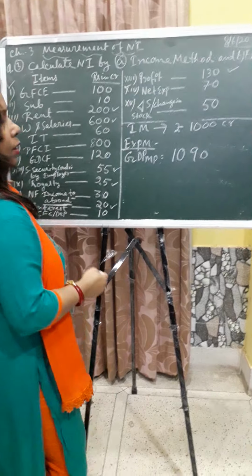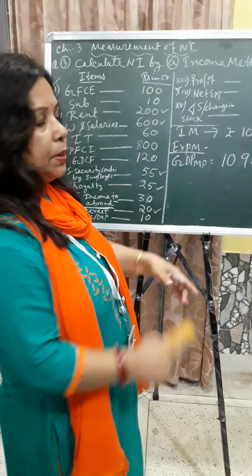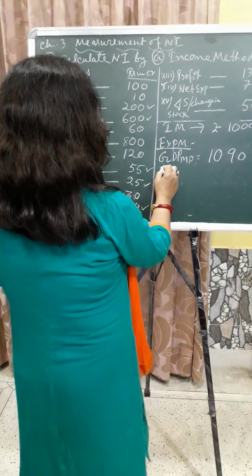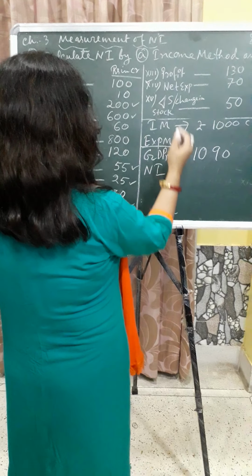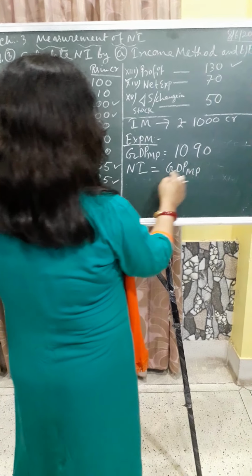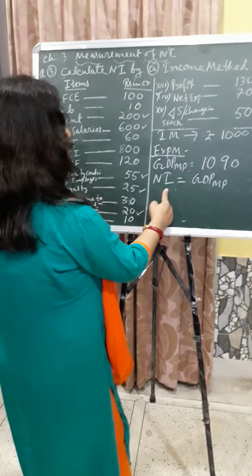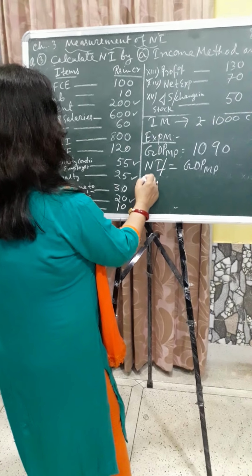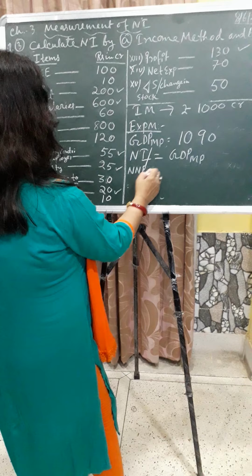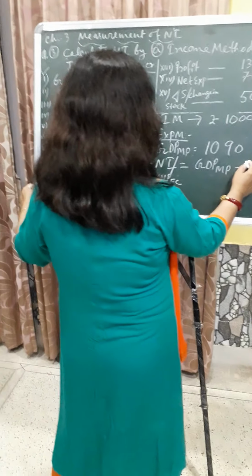This is the value. Now calculate national income, NNP-FC. So convert GDP-MP. National income equals NNP-FC. So gross to net: minus depreciation.